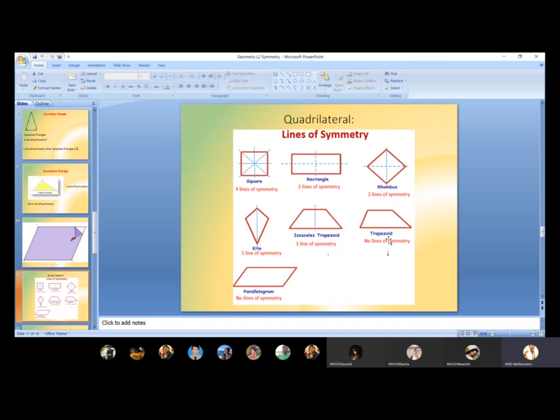If somebody says only trapezium, I will say it has no line of symmetry. But if someone says isosceles trapezium, then I will say one line of symmetry. Even in the exam, like IGCSE or A level, if an isosceles trapezium is drawn and it asks how many lines of symmetry, you will think, is it an isosceles trapezium? Then I can say one line of symmetry. If one area is given, the other part will be the same or identical.